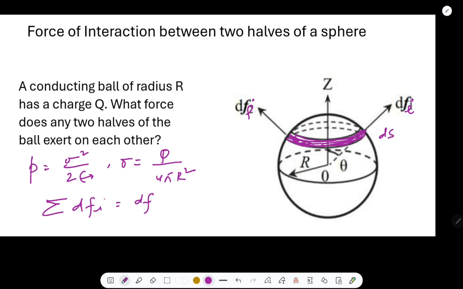Every two symmetric dfi cancel out in one direction, that is this direction.